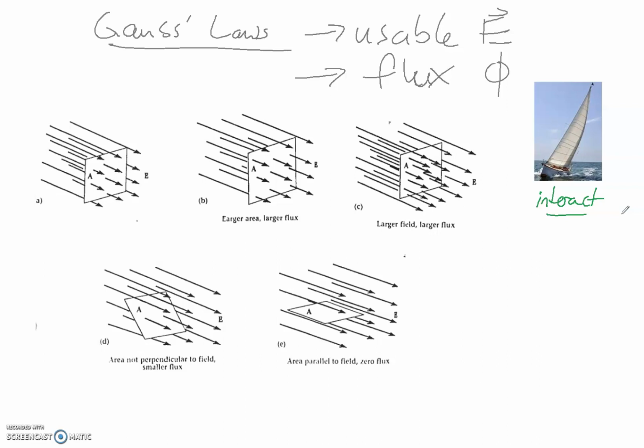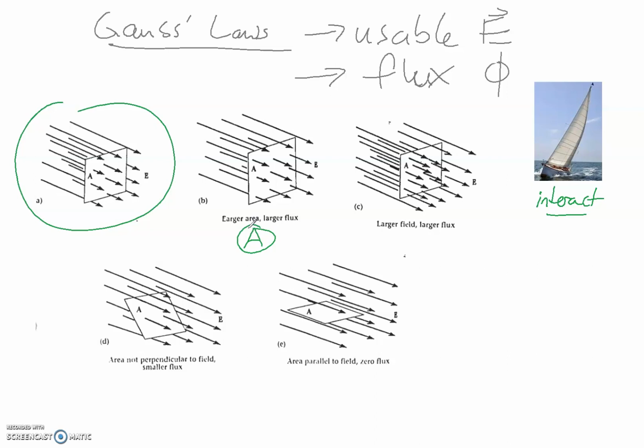There's no difference. So we've got that first picture here, picture A over here. You've got this area. It's just imaginary area in an electric field, and there's interaction going on, so you could actually do something with it. And it shows the different factors that can increase or decrease the amount of interaction you get. For example, here, if you use a larger area, you will get more interaction. There's going to be more flux. There's more stuff you can actually do.